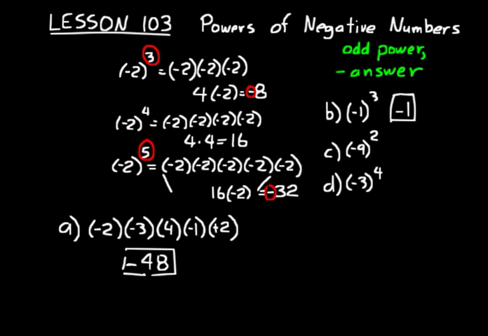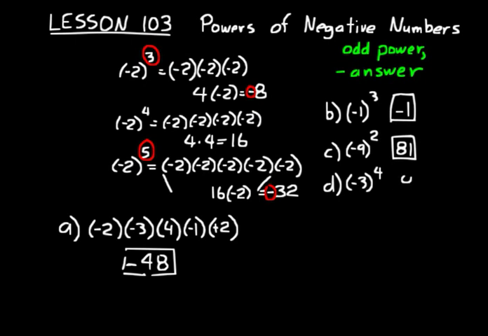Look at C, an even power, so we know our answer will be positive. Negative 9 times negative 9 is a positive 81. And then D, we have an even power again, so we know our answer will be positive. Negative 3 times negative 3 is a positive 9, and then doing that again would be another positive 9.